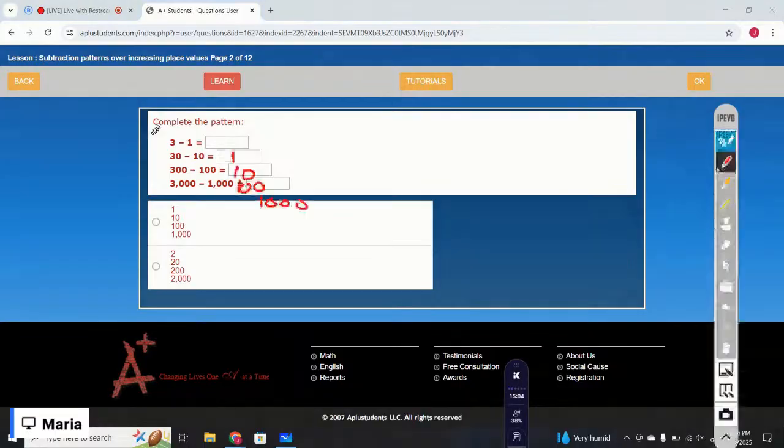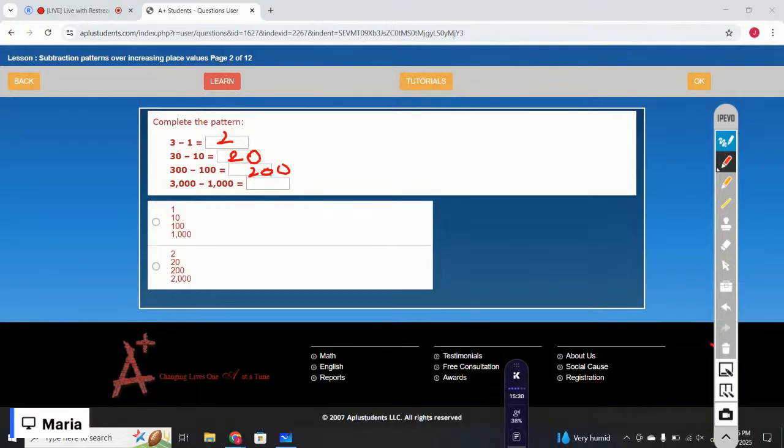Complete the pattern. 3 minus 1 is 2. 30 minus 10 is 20. 300 minus 100 is 200.